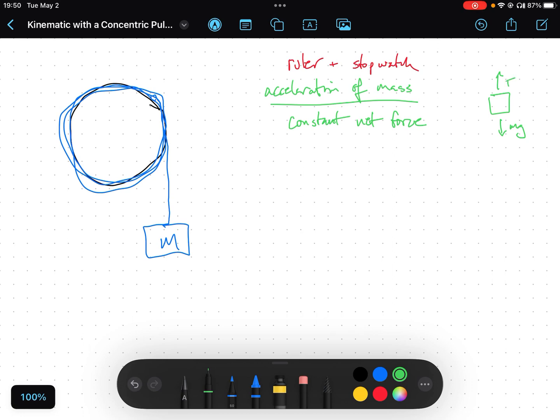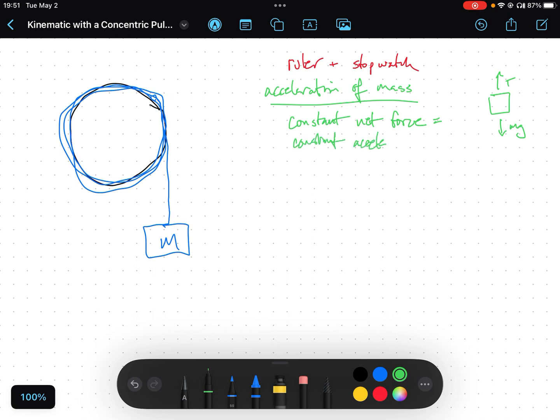The tension never changes. The force of gravity never changes. The acceleration is not going to be equal to free fall acceleration of 9.8 meters per second squared because there's tension in the string, but it will be a constant acceleration. So we know that there's going to be a constant acceleration as well.